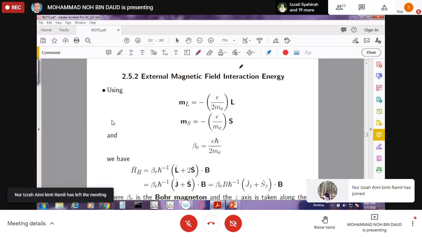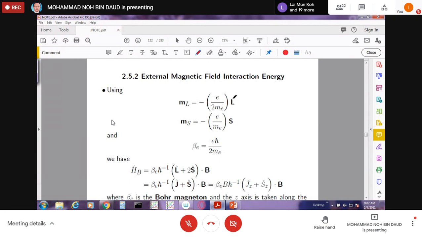This is how we define it. We can relate it with the vector of angular momentums, the total angular momentums, and also the spin vector.